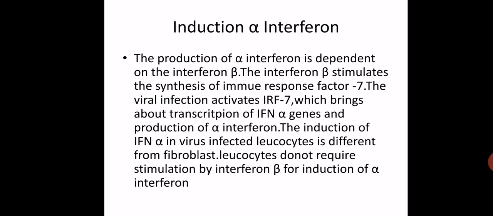Interferon beta stimulates the synthesis of one factor, immune response factor 7. Whenever the virus infects the cell, the virus infection activates IRF7, this factor. So whenever the virus infects the cell, the IRF7 factor gets activated, which brings about the transcription of alpha interferon genes and production of alpha interferon.